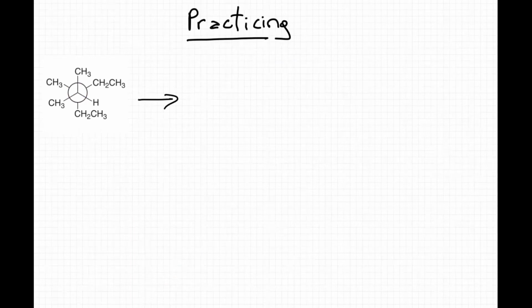I always draw a line. Now, what is attached to this carbon here in the front? So let's see, the front carbon is attached to a methyl group. So for now, let's draw everything.